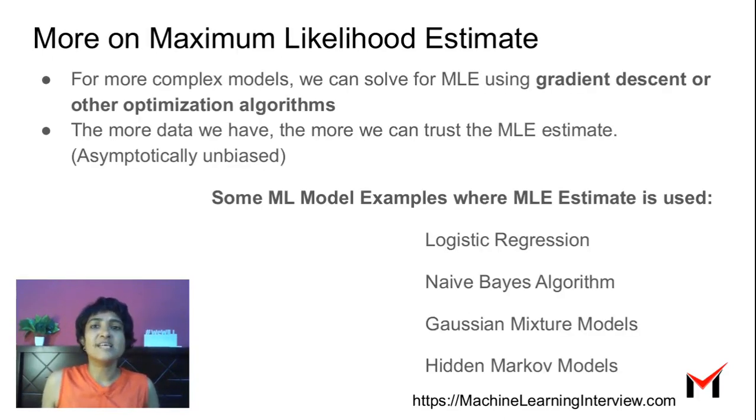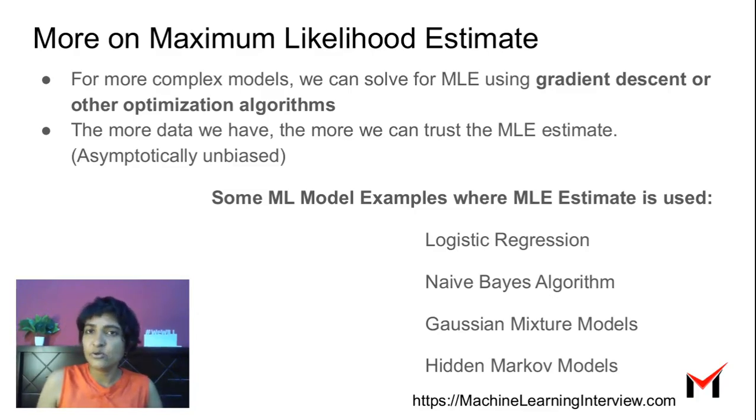So some more things about the MLE estimate. For more complex models, we can solve for the MLE estimate using gradient descent or other optimization algorithms, because simple differentiation might not lead to a direct closed form solution. So if we differentiate it and equate it to 0, it might not give us directly a closed form solution.